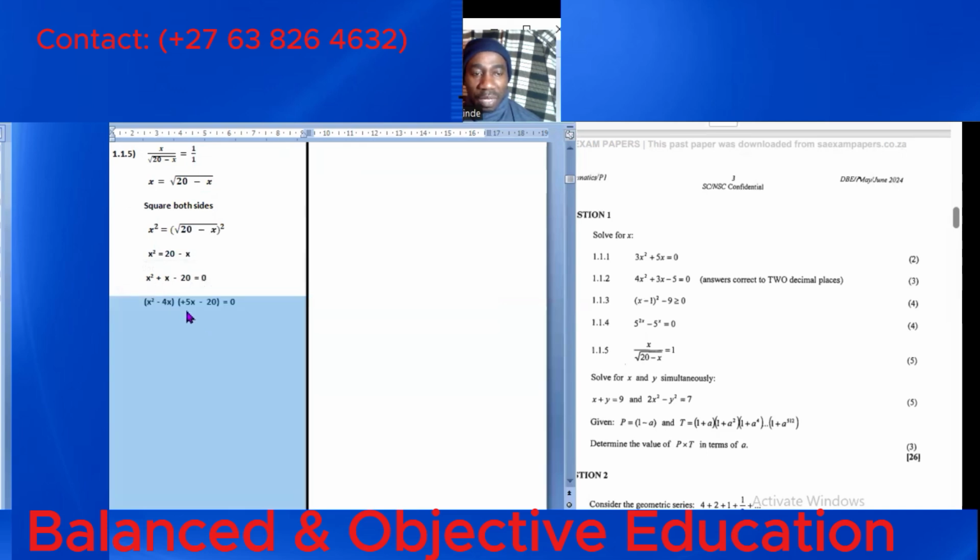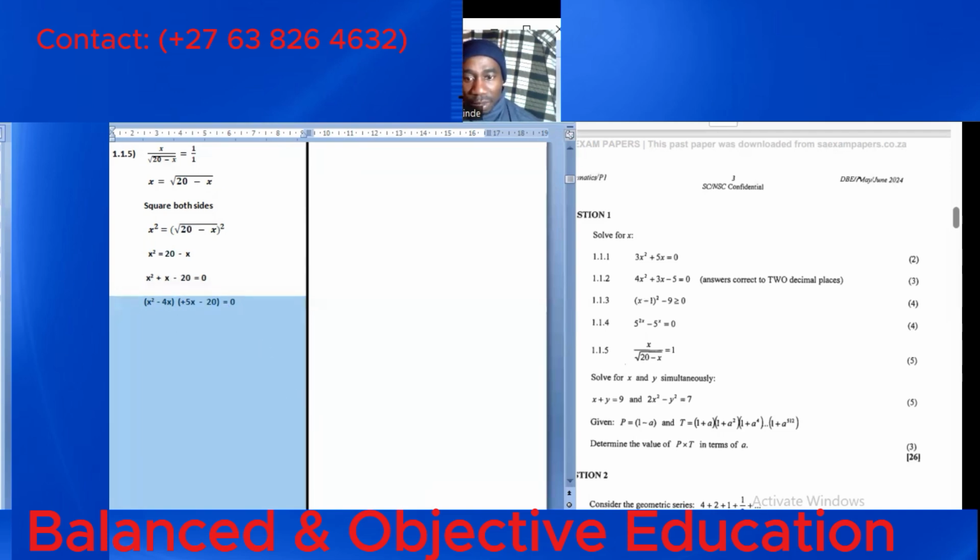Now, for those of you that like to challenge yourself, you might decide to solve this manually by factorization or using the quadratic formula. So this equation x squared plus x minus 20 equals 0 can be rewritten as x squared minus 4x plus 5x minus 20 equals 0. And you can factorize it from here.